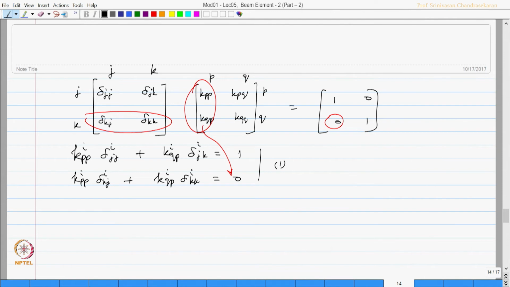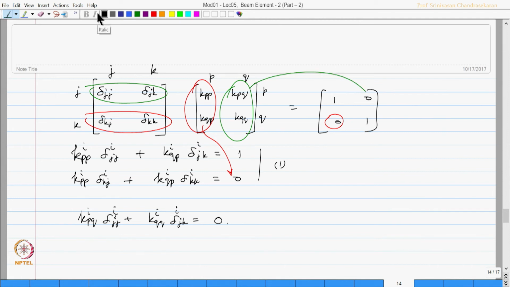Similarly, Kpq delta jj plus Kqq delta jk is 0, that is this by this is 0.